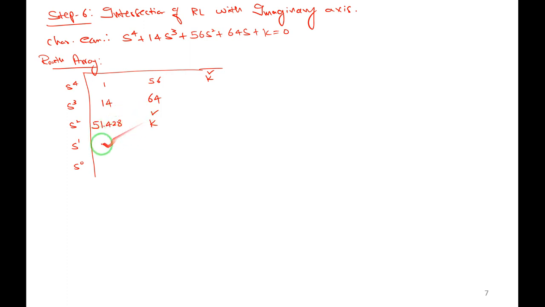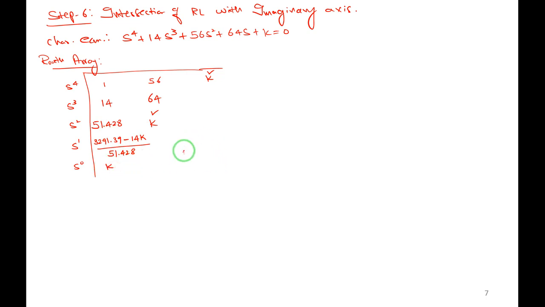Next, only one element will come here: 51.428 into 64, I am getting 3291.39, minus 14k, divided by 51.428. Then the constant term will be taken here.